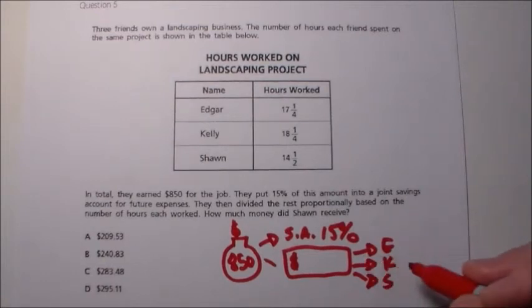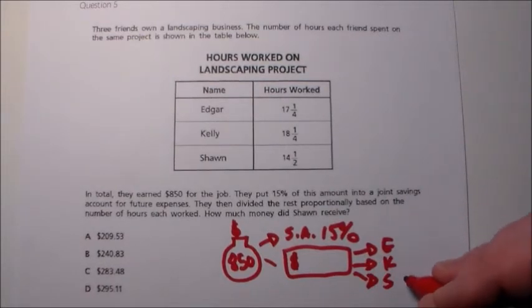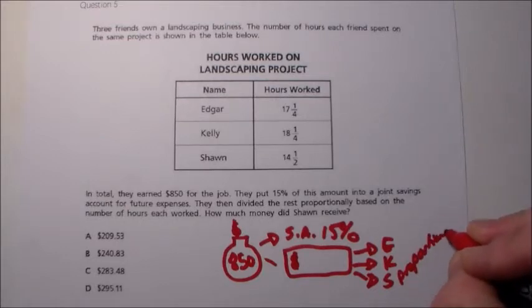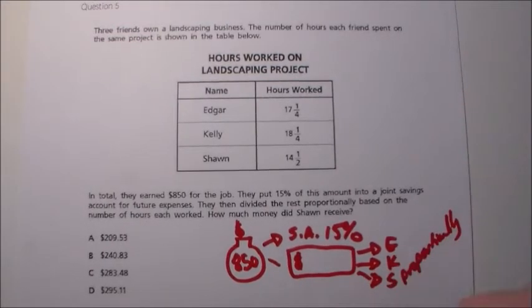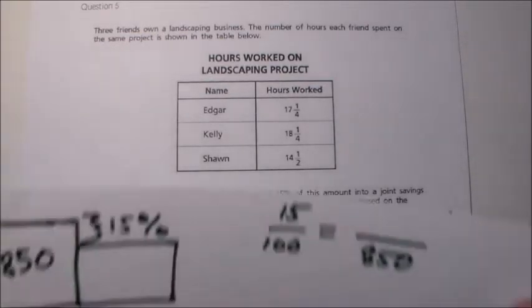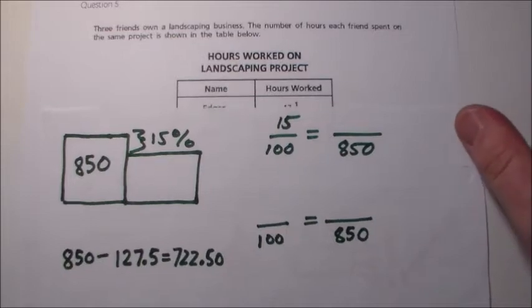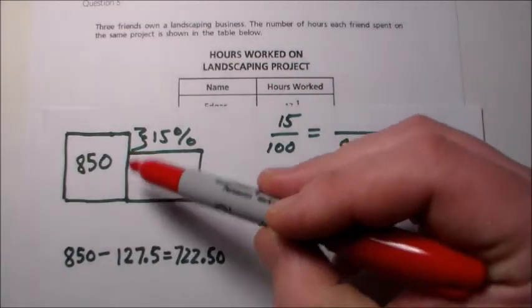But they didn't divide it 1/3, 1/3, 1/3. They divided it up proportionally. How do we even get started? Well, we need to know how much money they divided up proportionally. We know $850 started, and we have 15% to the savings account, and the rest is going to go to the proportional division.